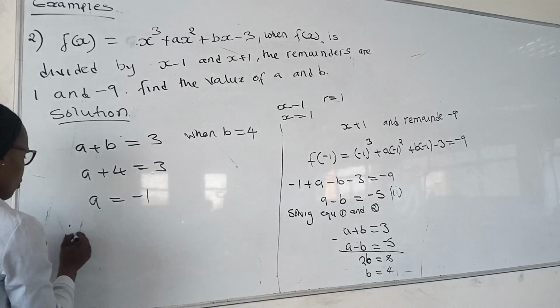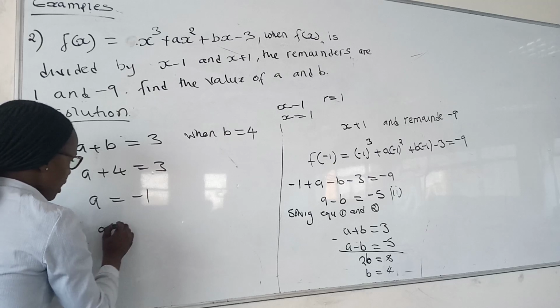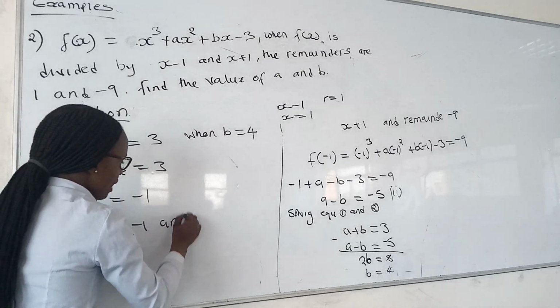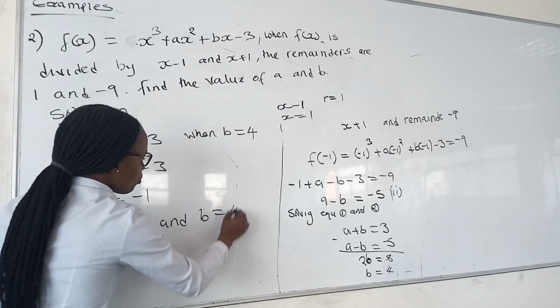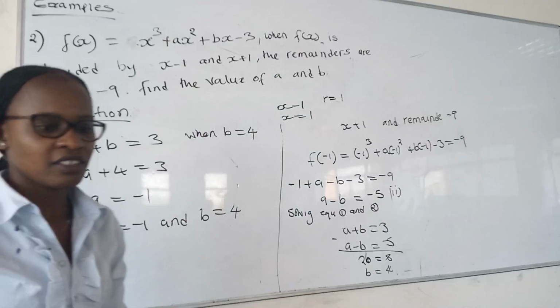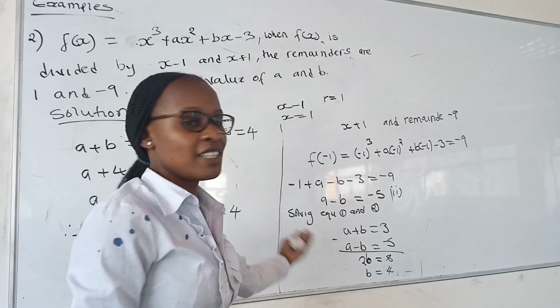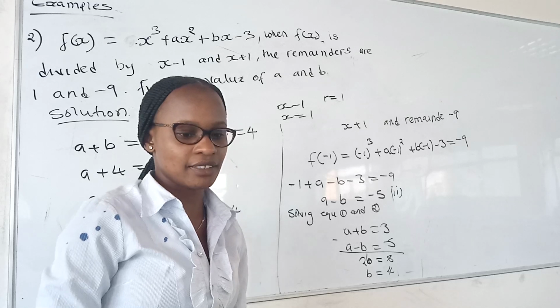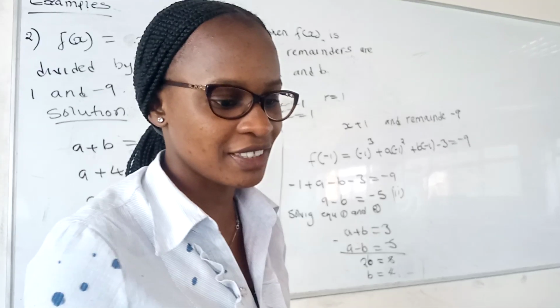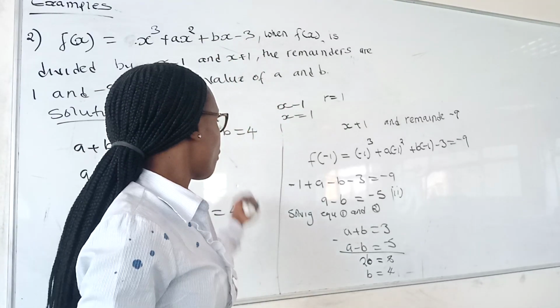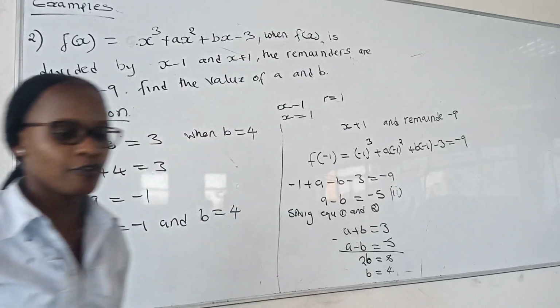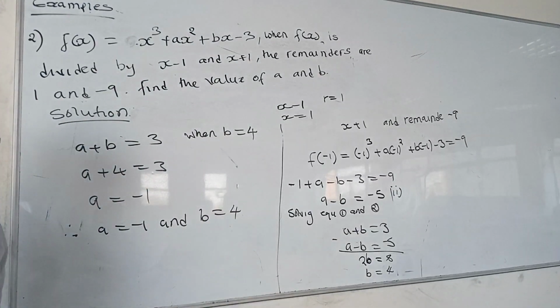From here we can conclude that a is equal to negative 1 and b is equal to 4. This question is as simple as that, and we found the values for a and for b.